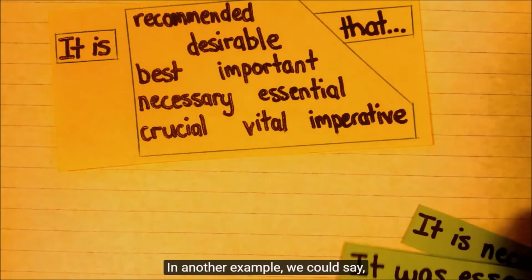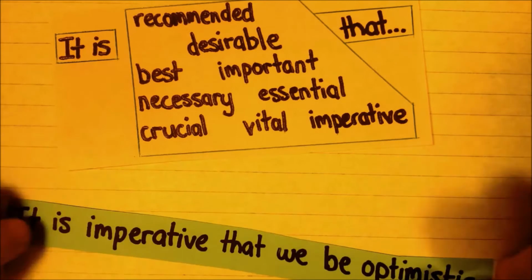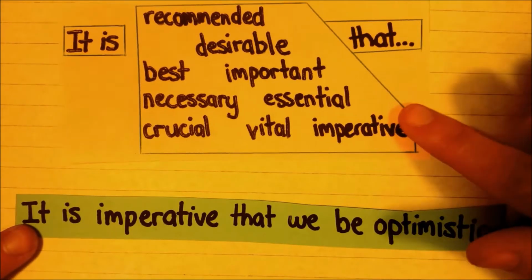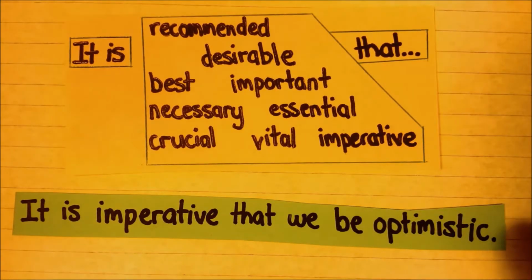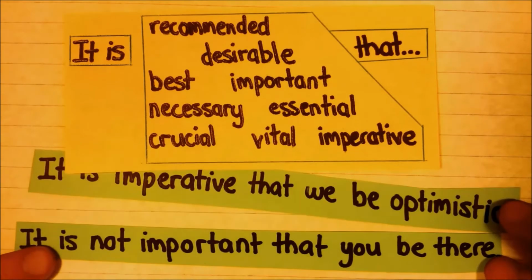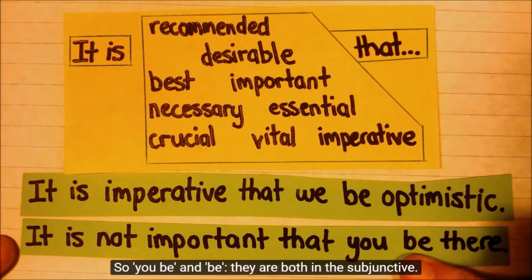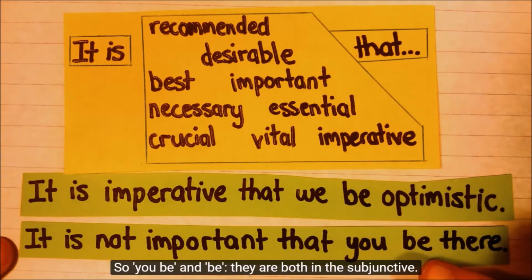In another example, we could say, "It is imperative that we be optimistic." Or, finally, "It is not important that you be there." So you "be" and "be," they are both in the subjunctive.